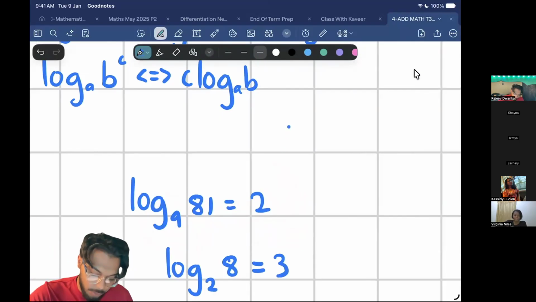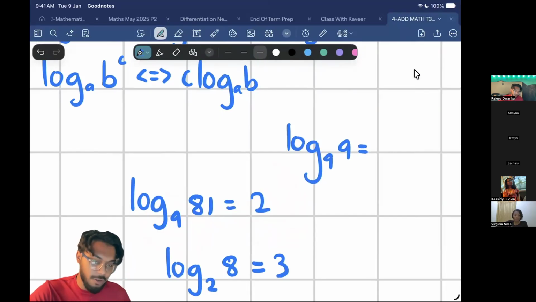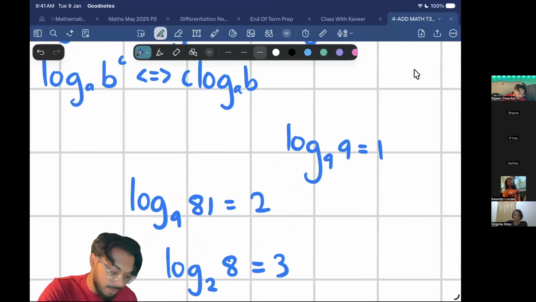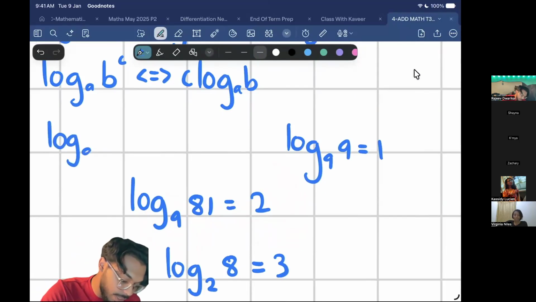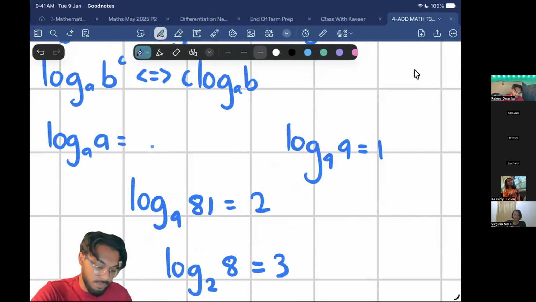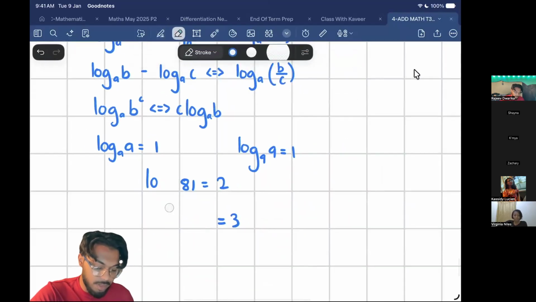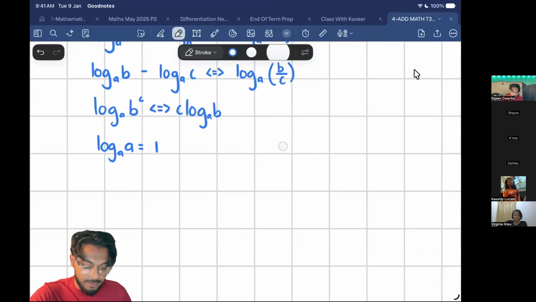What do you think log base 9 of 9 would be? 9 to what power gives me 9? 1. So generally speaking, log base a of a would be equal to 1.